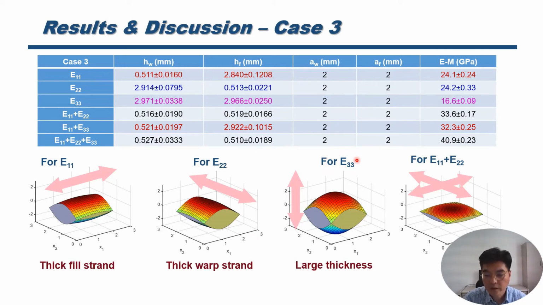For E33, you need to have a large thickness, because large thickness can increase the undulation of the composite. For E11 and E22, it is some kind of flat shape of composite, like I showed in the previous slide.